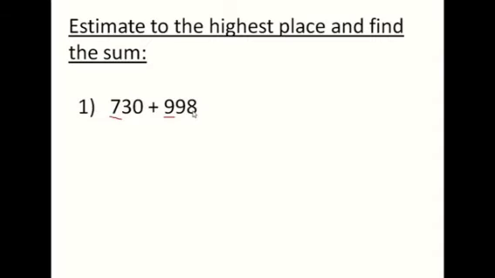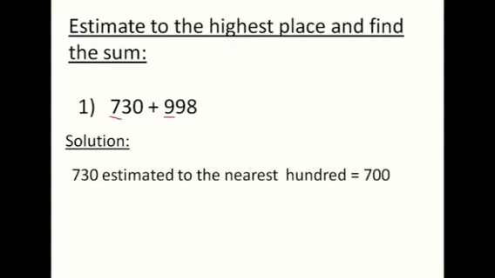So let's start working it out with me. So write 730 estimated to the nearest 100 as 700. As I explained right now, 7 will be unchanged, 3 and 0 will be replaced by 2 zeros. Have you written?